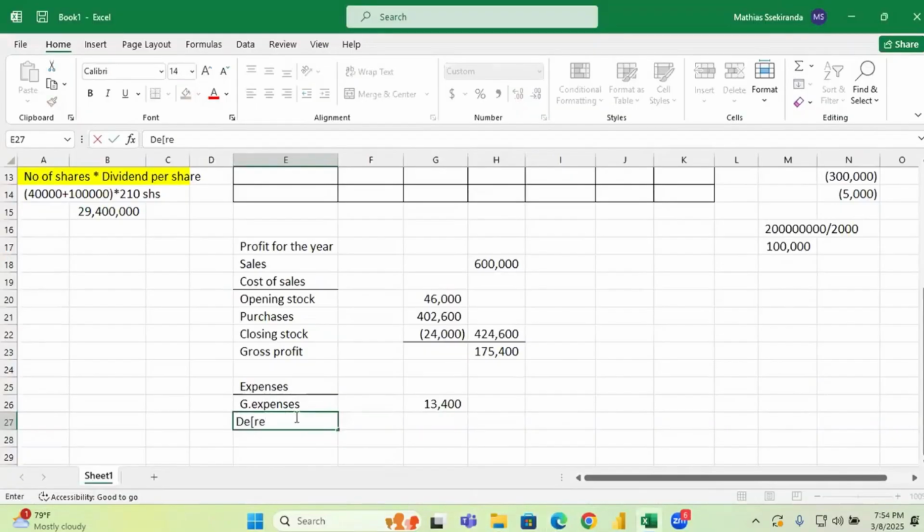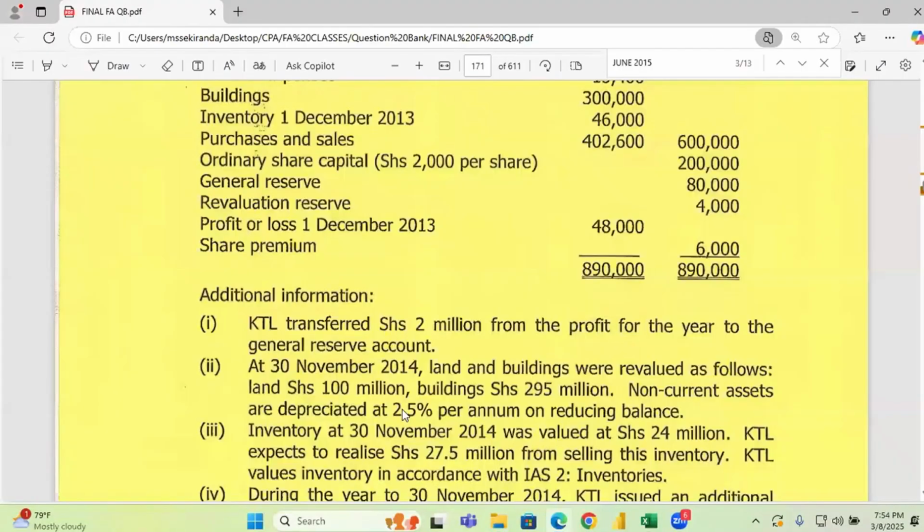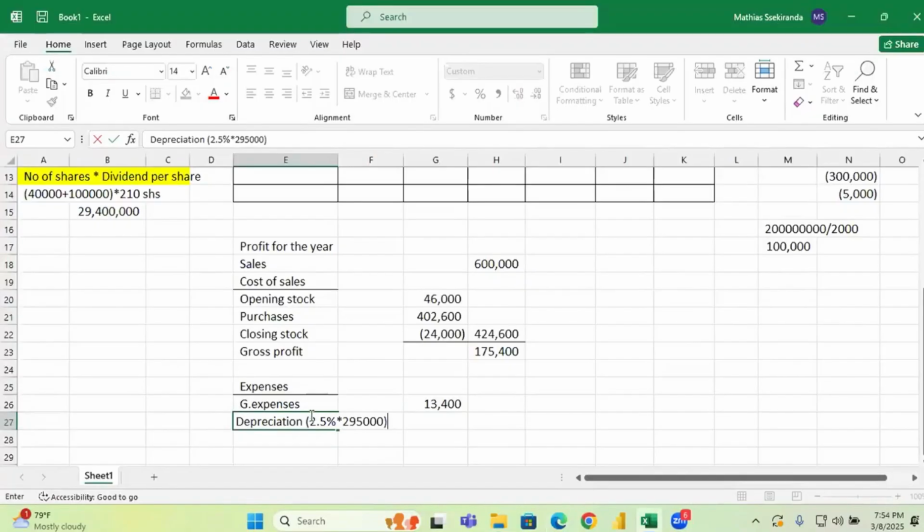We have depreciation, and we are only depreciating buildings. In note number 2, they told us they depreciate at 2.5% reducing balance. So we shall get 2.5% times the new value of the buildings, which is 295 million, because this is the new value of the buildings.